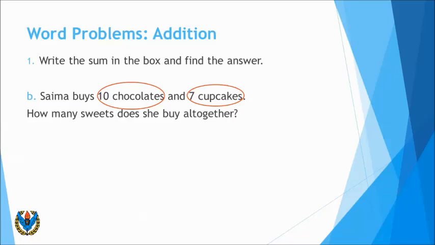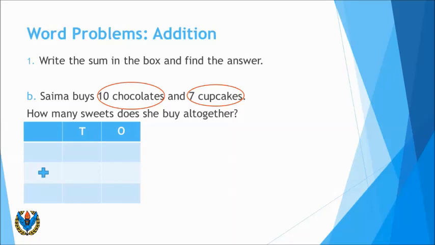You can see a box with the word problem. There is a sign of plus. First, we will write tens and ones on the top. Then we will write 10 chocolates.